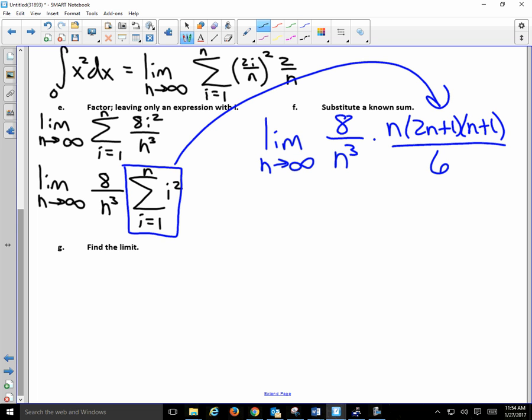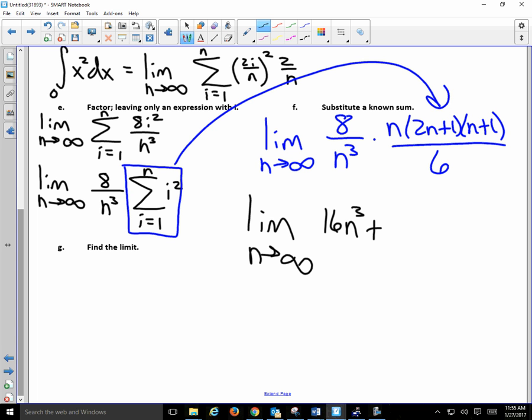Well, I just have to figure out that limit. Find the limit. Limit as n goes to infinity of, let's multiply this out. 2n times n, 2n squared times n, 2n cubed times 8, 16n cubed.